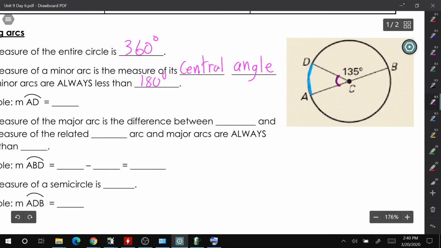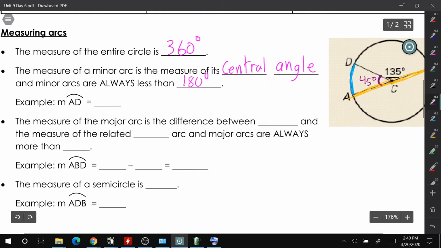ACD. Well, this half circle is 180, and this part's 135. Right here has got to be 45 degrees because 45 plus 135 is 180.